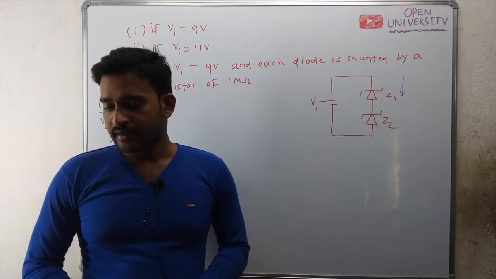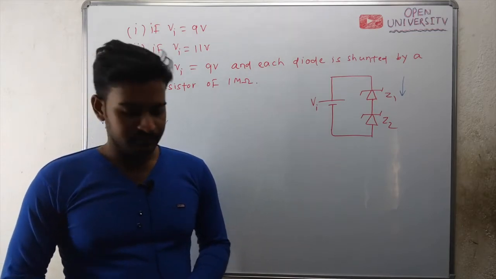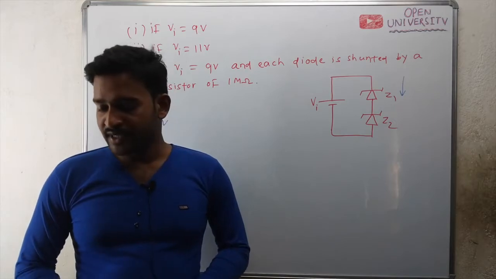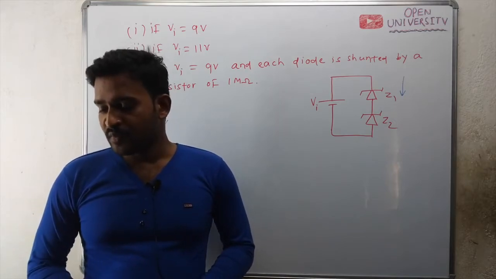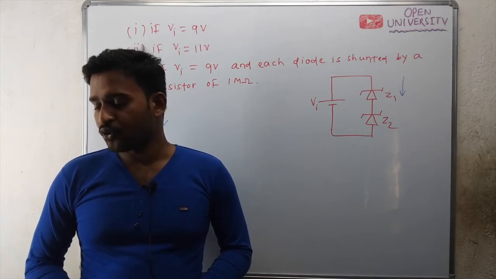Since the diodes have unequal reverse saturation currents, the smaller of the two currents will flow.